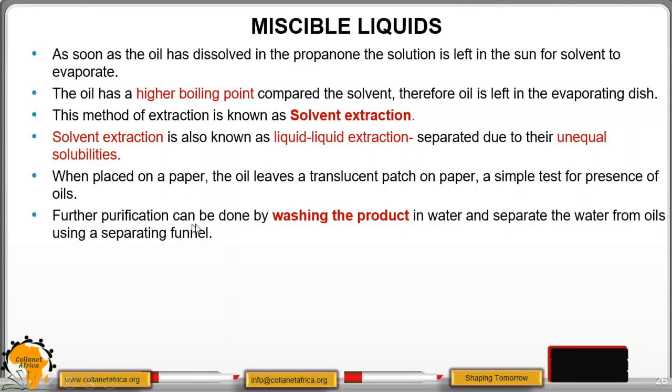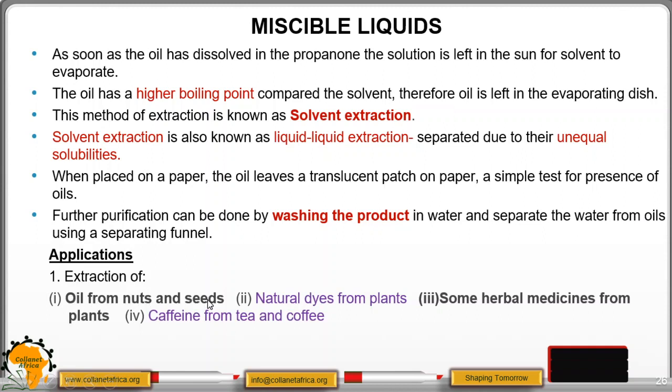Further purification can be done by washing the product in water and separating water from oils using a separating funnel like we did earlier. Application: extraction of oils from nuts and seeds, natural dyes from plants, some herbal medicines from plants, caffeine from tea and coffee. Two, it can be applied in dry cleaning to remove dirt.